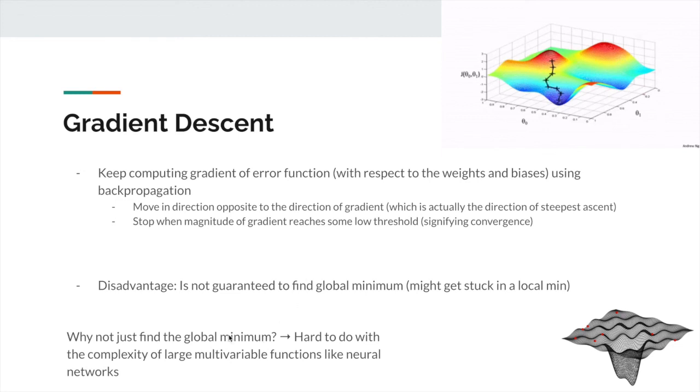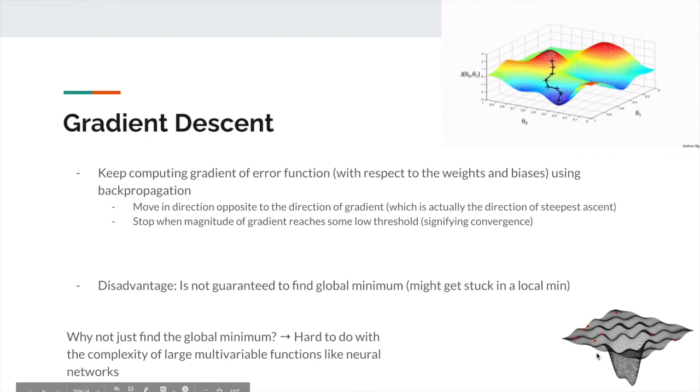One question you may be asking is, why don't we just find the global minimum? In BC or AB calculus, you learn techniques to calculate the global minimum for some functions, but this is very hard to do with large multivariable functions like neural networks.